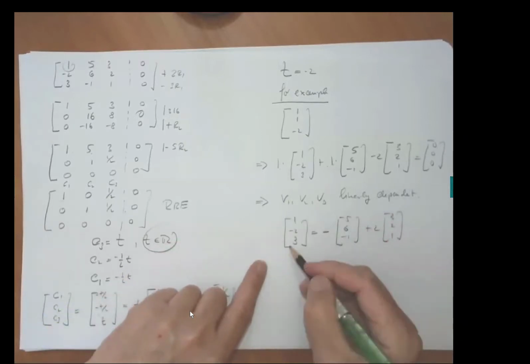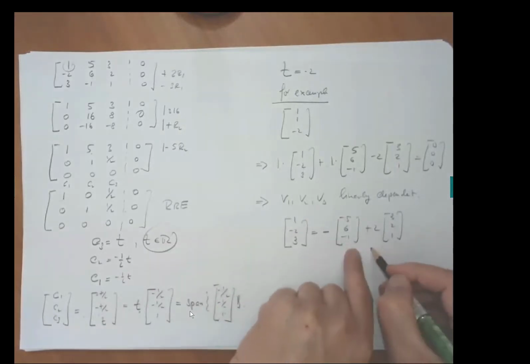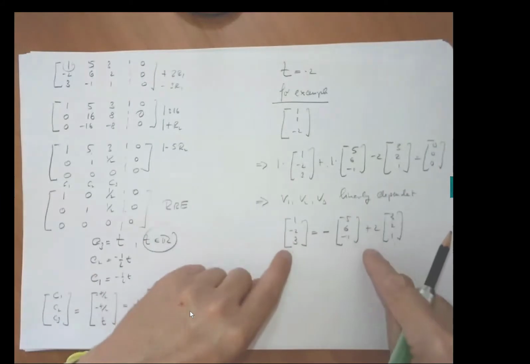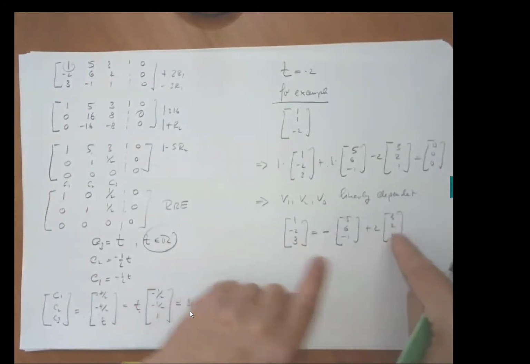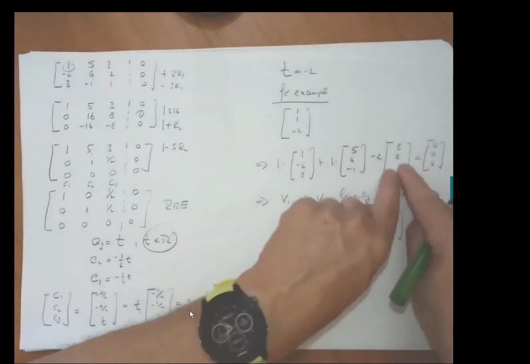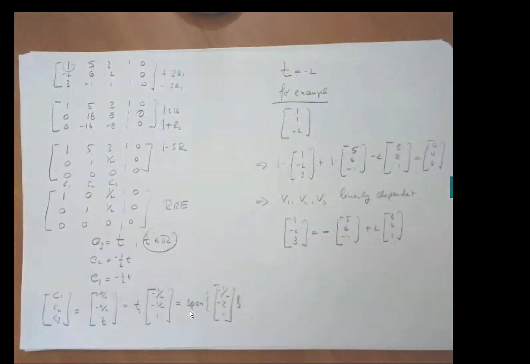That means this vector can be written as a combination of the others. That's again our confirmation. Or we can also solve for any of the others. That's a special case because all coefficients are not 0. So again, that confirms, according to our first definition, that they are not linearly independent.